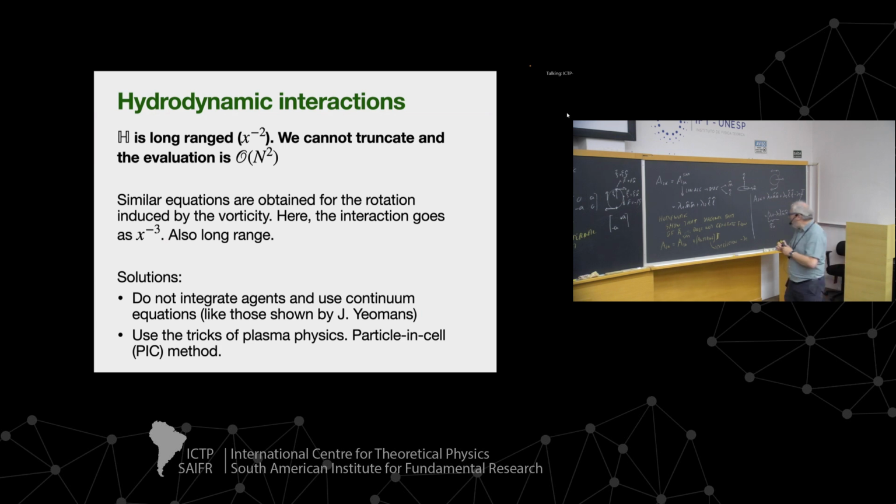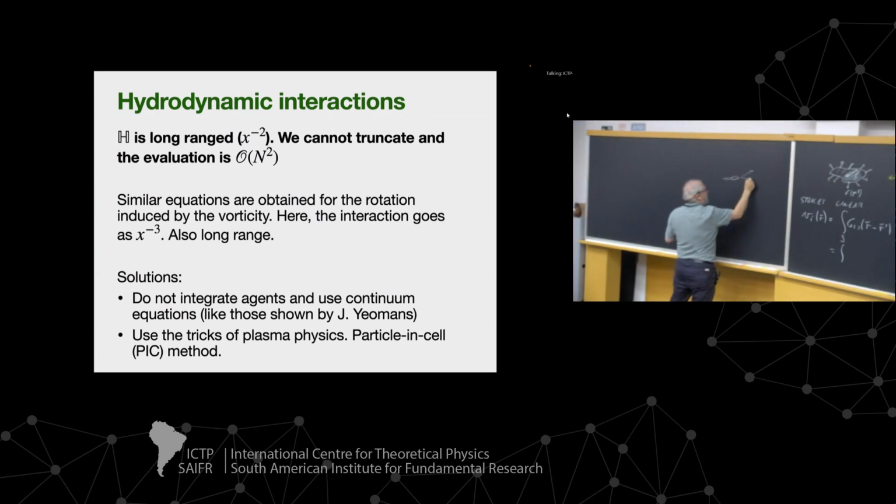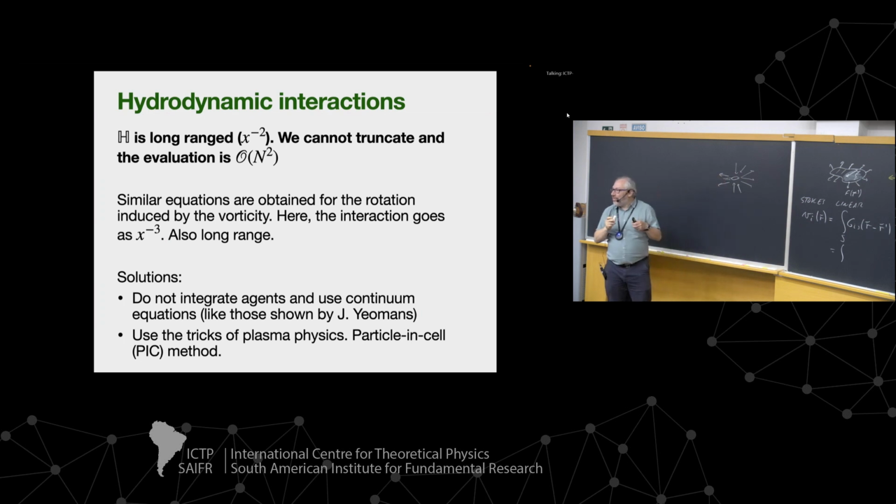Sorry, there's something additional that I'm not going to discuss because otherwise the lecture would be too long. If you have a swimmer here, it generates a flow field that is more or less like this, coming in like this and going out like this. So this flow has vorticity.